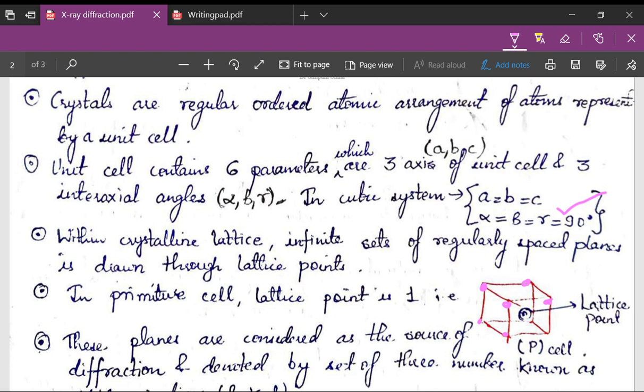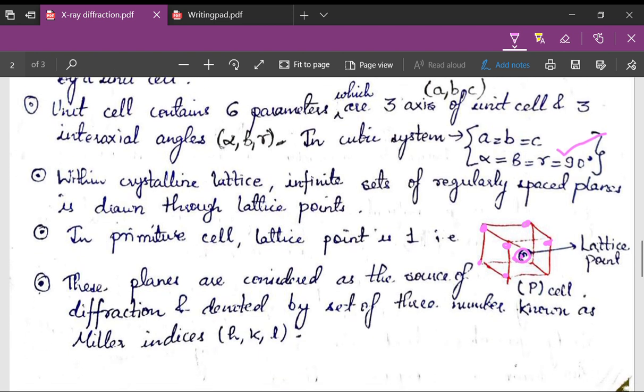Within a crystalline lattice, there is an infinite set of regularly spaced planes drawn through the lattice points. In a primitive type of cell, only one lattice point is present in the center.